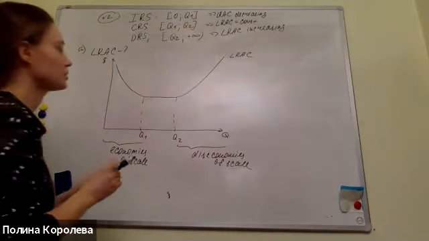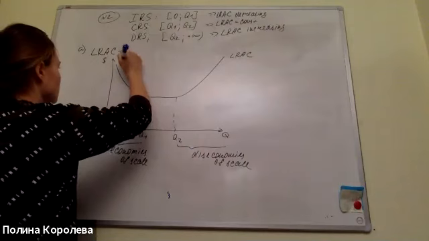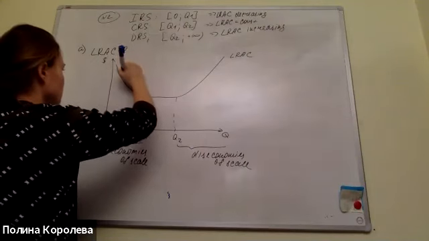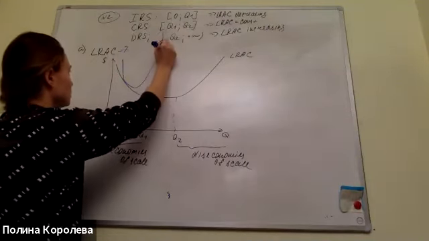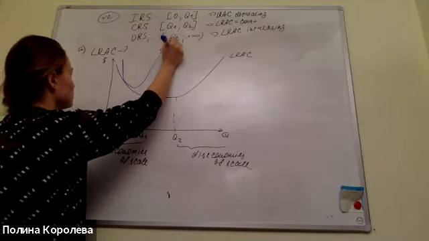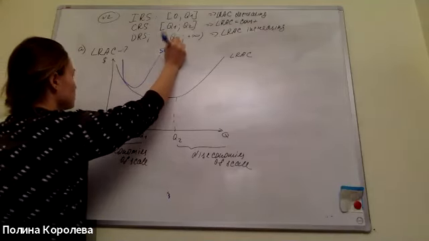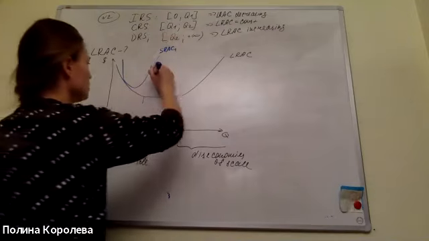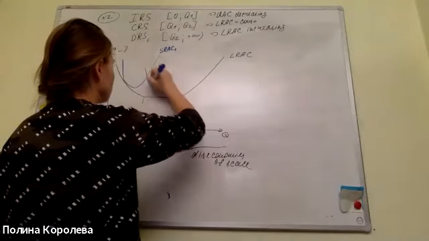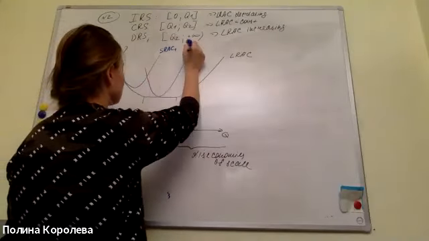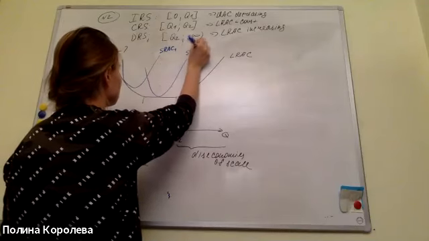Short-run average costs, U-shaped. Okay, let's put over here short-run average cost 1. Here will be short-run average cost 2.